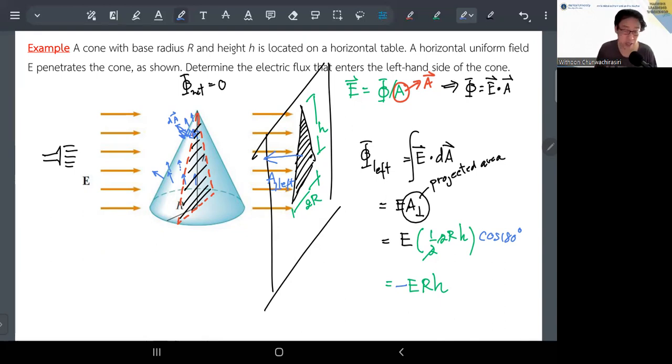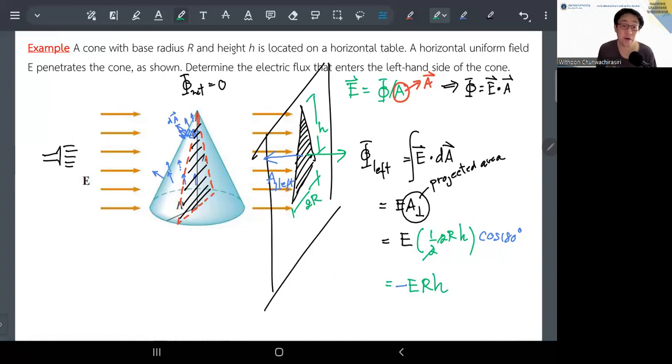Now imagine this problem asking you for the flux on the right-hand side of the cone. It's going to be the exact same value, but positive, because you only care about the right side of the surface, which when projected gives you the same triangular shadow, but now you care about the vector pointing to your right.